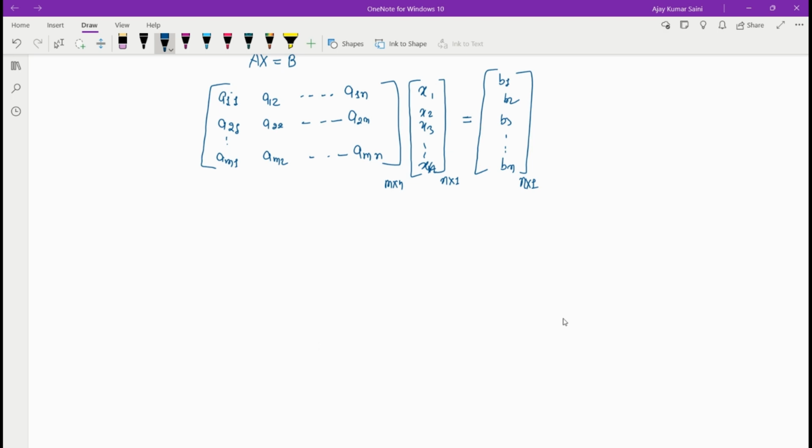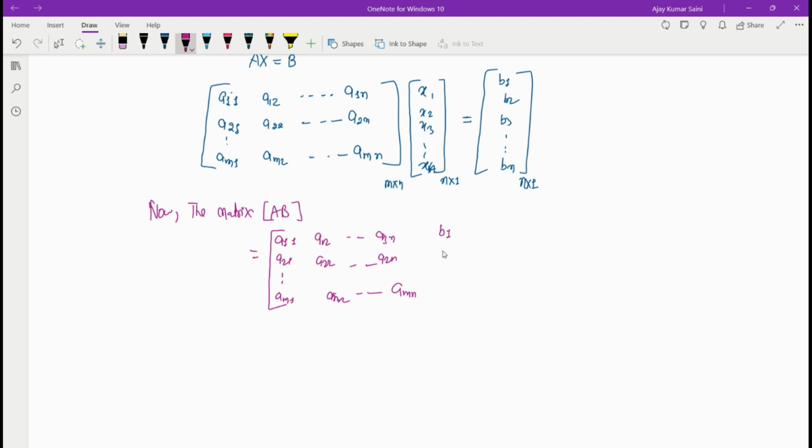Now the matrix A b is like an equation, so I can take a11, a12 till a1n, a21, a22 till a2n, am1, am2 till amn, and here b1, b2 till bm.